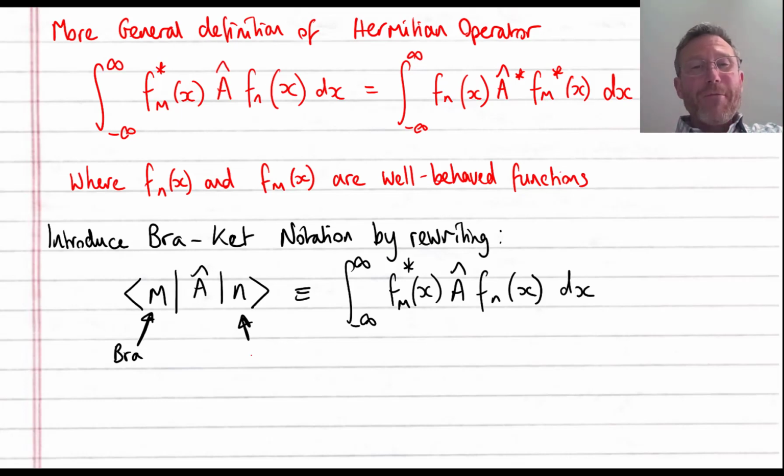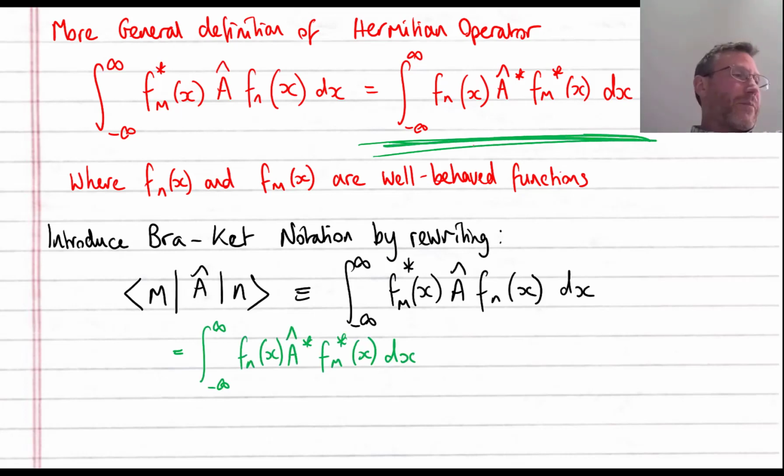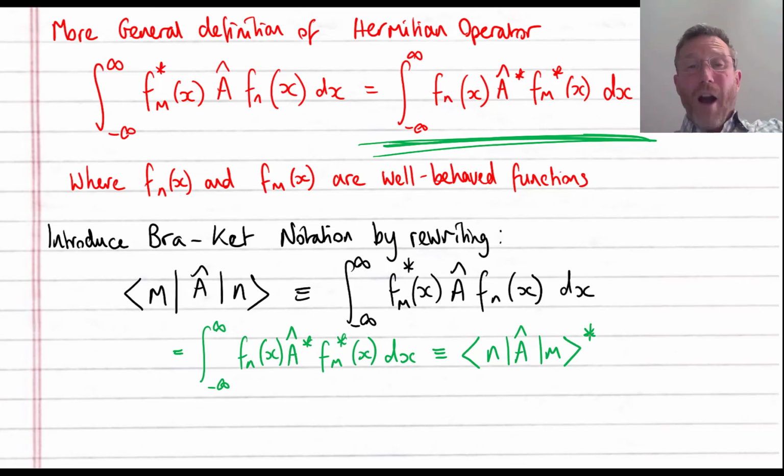But how would we rewrite our expression at the top associated with this Hermitian operator? Well, just restating what we have at the top, we know that this is equal to this right-hand side. How do we write that in the bra-ket notation? Well, that would be written in the following way, where in this case we put the complex conjugate sign after the bra-ket notation, because effectively we're just flipping everything around.